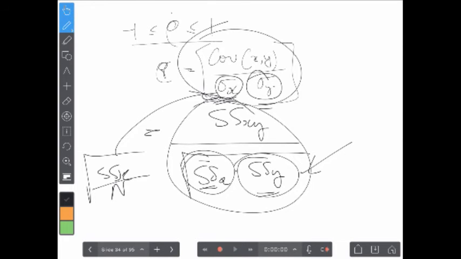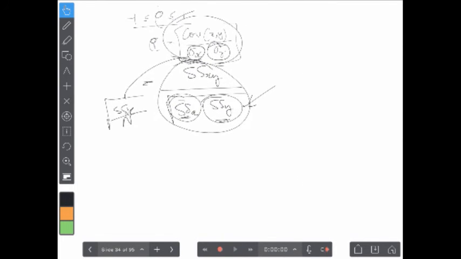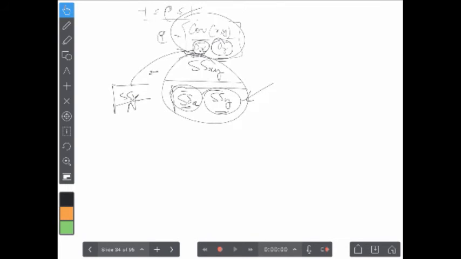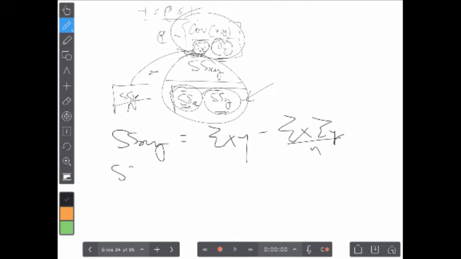So if you have to do a calculation involving covariance, I recommend that you use the shortcut formula on the formula sheet. SSXY, I've already written it before, but I'll write it again, is sum of x times y minus sum of x times sum of y, over n. SSX will be sum of the x squared minus the whole sum of the x's squared, divided by n.